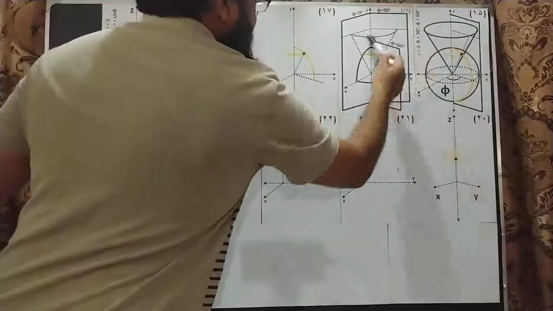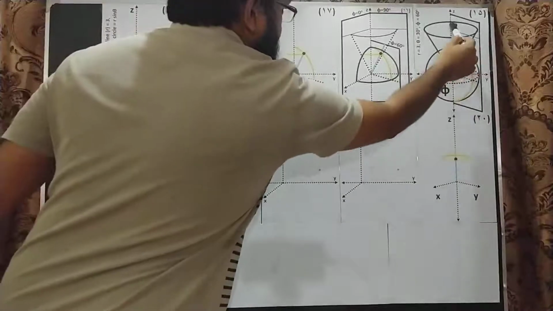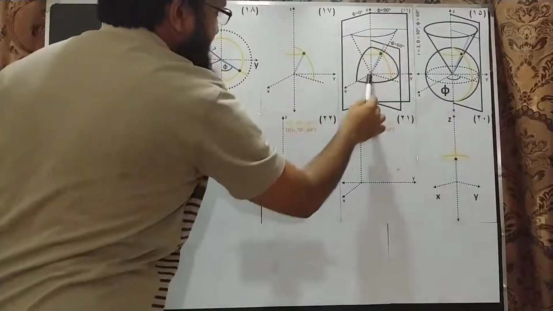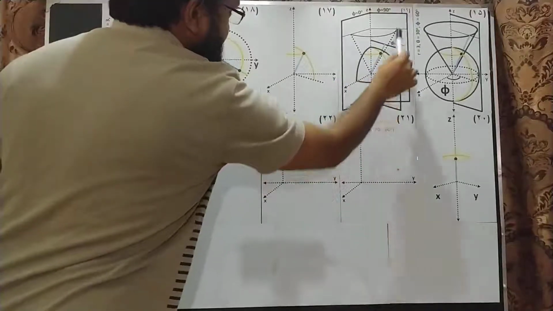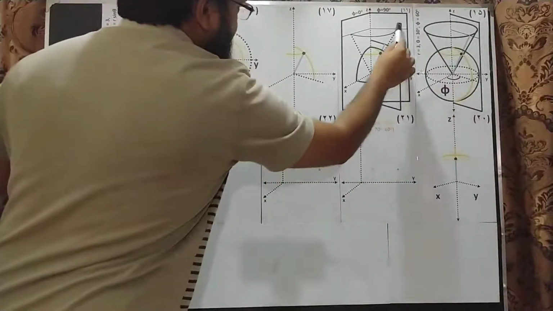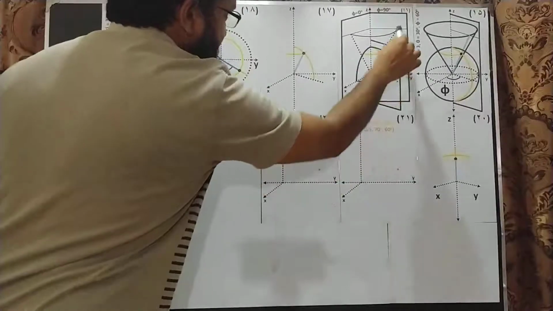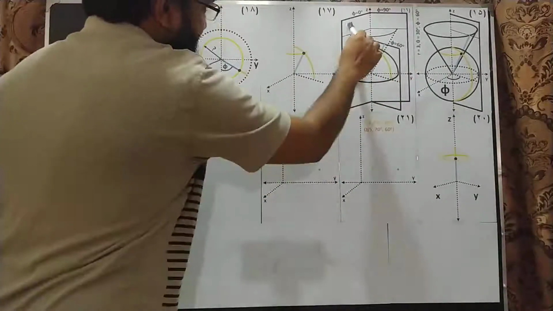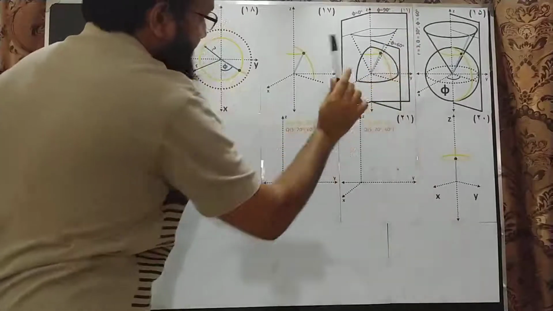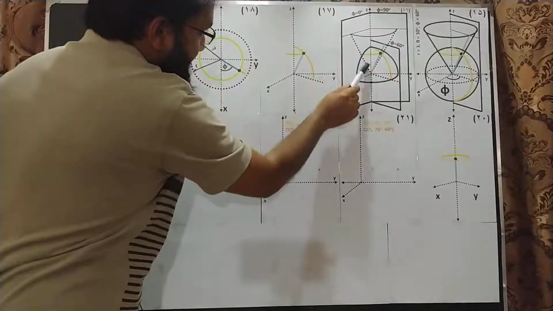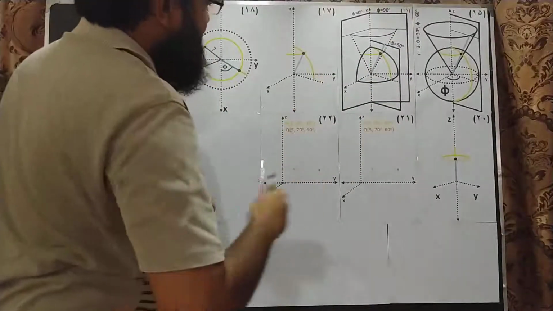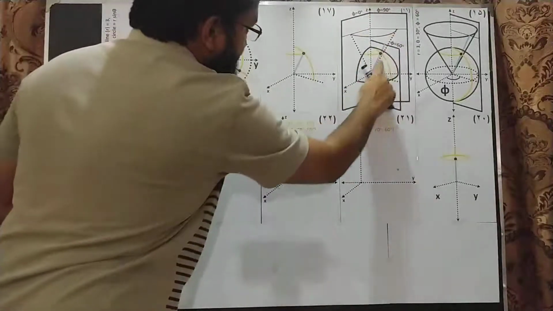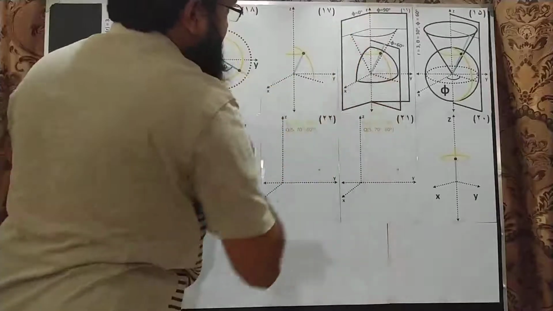Similarly this cone will be cut down to a semicone or maybe a quarter cone. All right, so instead of showing the lines on the cones with solid lines, I've shown them with dotted lines. But remember that this dotted line is actually on the xz plane and this dotted line is on the yz plane.